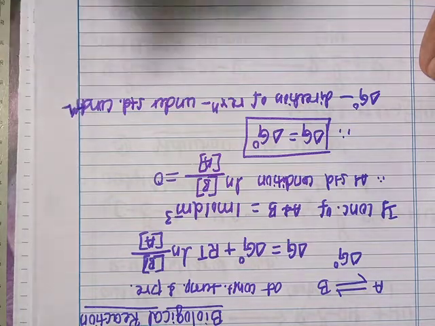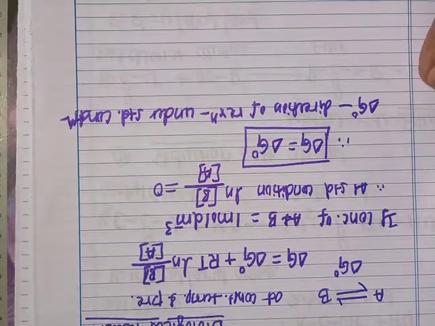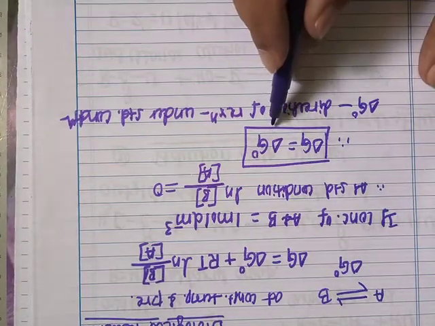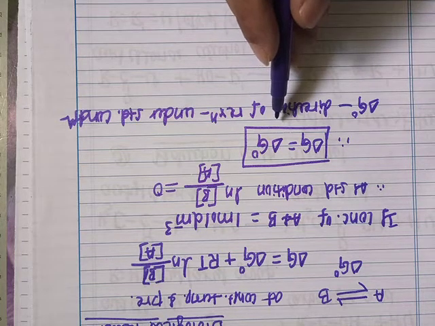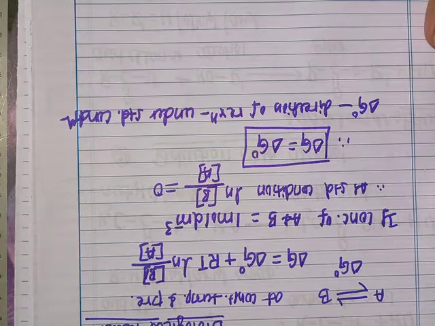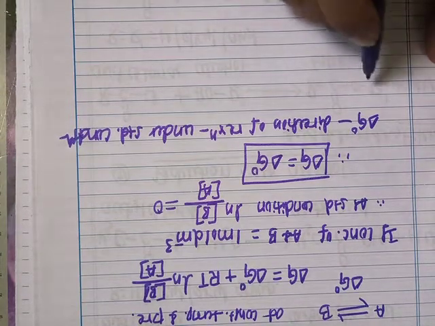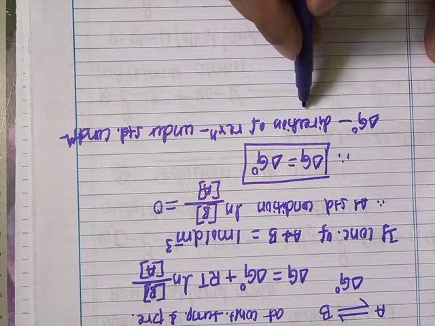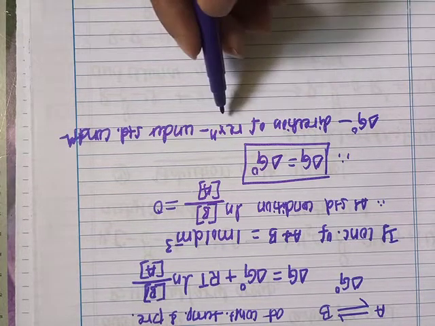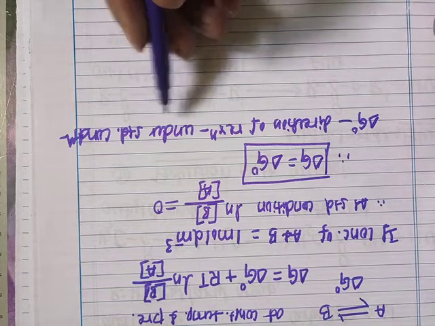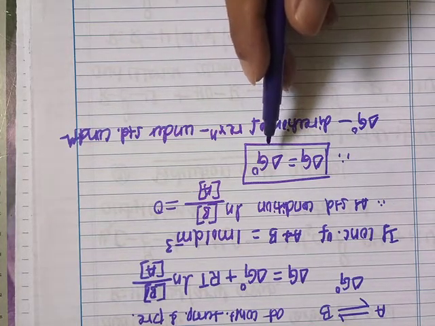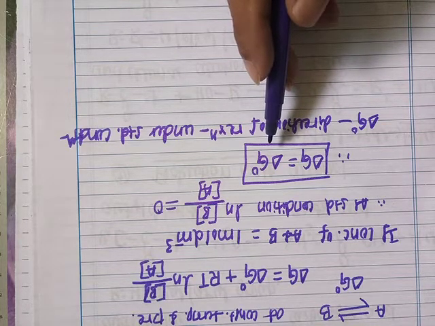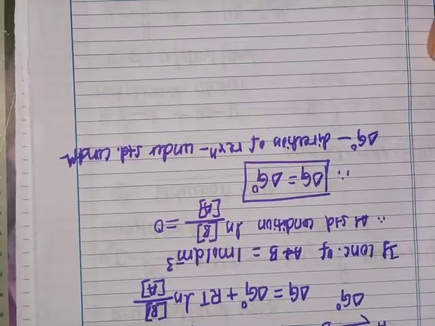So this delta G naught cannot predict the direction of the reaction under the physiological conditions. This delta G naught only represents the direction of the reaction under standard reaction conditions, but it does not predict the direction of the reaction under the physiological conditions.